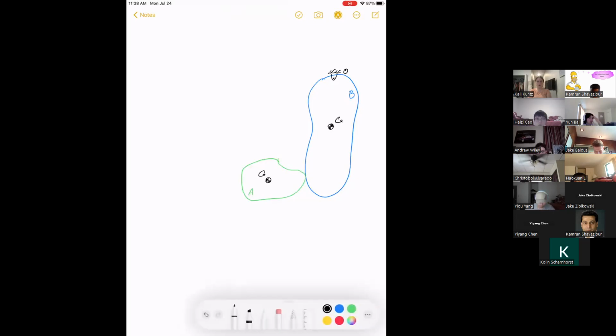Now, as you saw, we're going to have the plane of impact and line of impact like this.